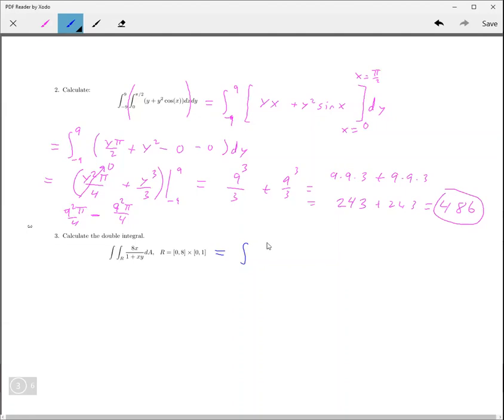So what happens is we have to first decide: are we going to integrate with respect to x first or with respect to y first? And you have to try to think which is going to be the easiest.